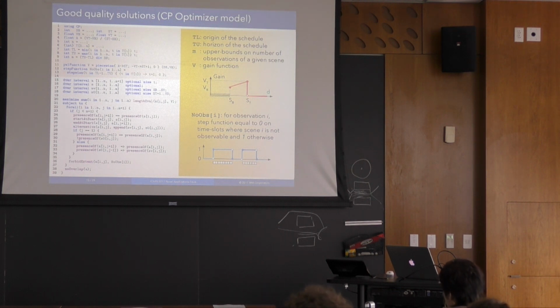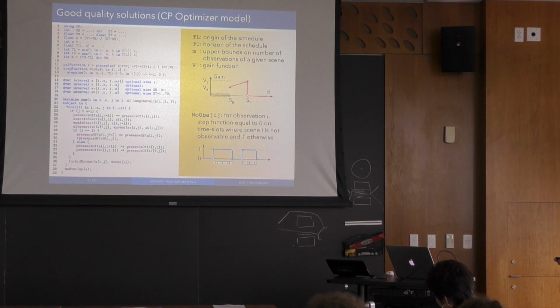Okay, and then we have these two functions of time that appear in the problem, which is the gain function, which is a piecewise linear function. We can define this type of function in the model. Okay, the syntax is not important, but we define this object in the model.